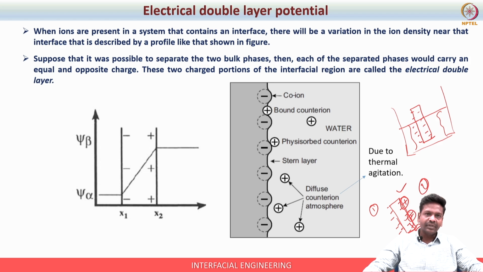That is because of the electroneutrality condition. So this is called the electrical double layer, and the interaction based on it is called electrical double layer interaction.